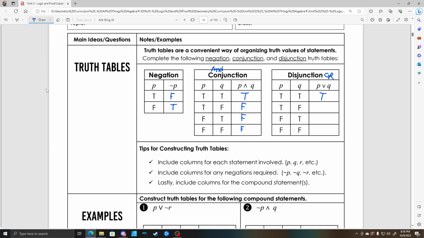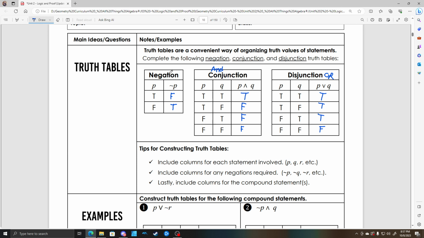That one's super true, if you will. True and false, well, we only have to have one true, so that one's going to be true. This one's going to be true. And this one, because there's no trues at all, will be our one false statement. So you'll notice that conversely, disjunctions have a 1 in 4 chance of actually being false. More often than not, they are actually true.